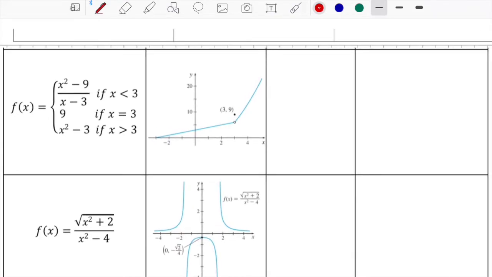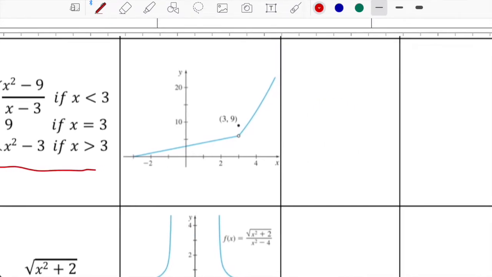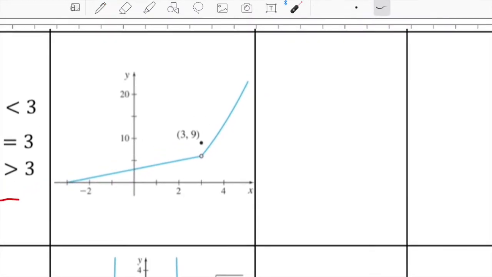Now, this is a piecewise function. It's made up of 3 functions, but we're not looking at that. We're looking at the graph. Notice that at this x value, when x is 3, we have an open circle, a hole.